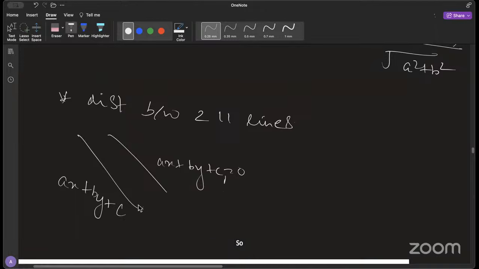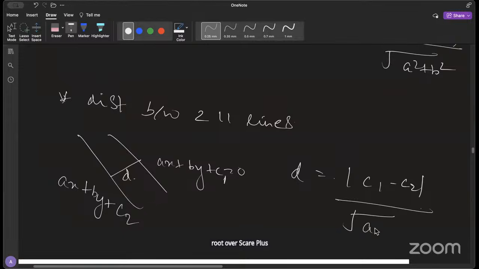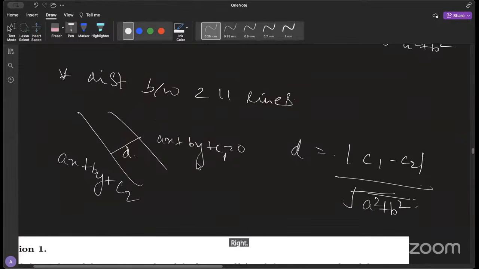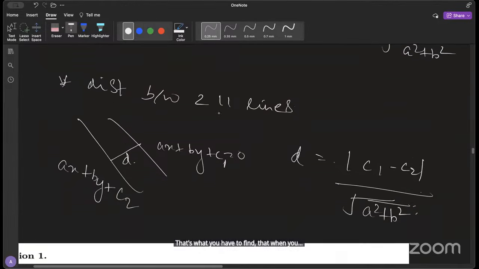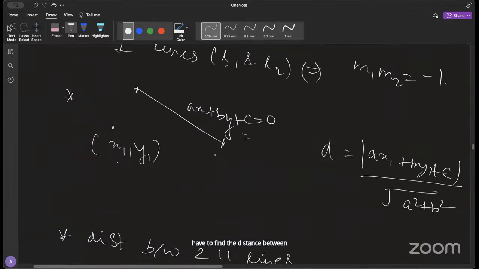So let's call these C1 and C2. The distance between these two lines will be mod of C1 minus C2, divided by the square root of a square plus b square. That's what you have to find when you need the distance between two parallel lines, and the distance between a line and a point.